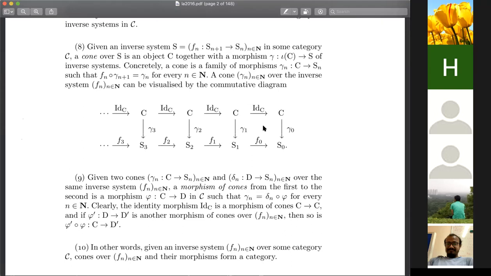So to summarize, given any category, I have this notion of inverse systems in that category, or inverse systems of objects of that category. These inverse systems themselves form a category. When I fix an inverse system in this category, and I look at all the cones over this inverse system, they form a category.